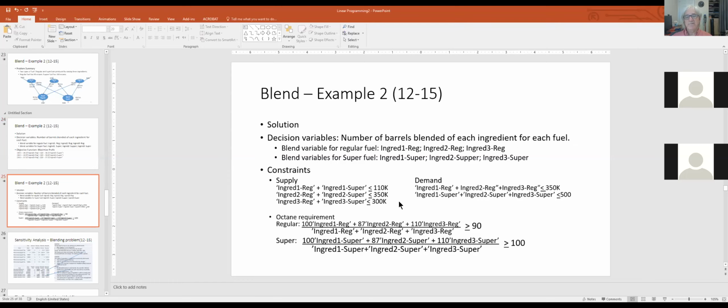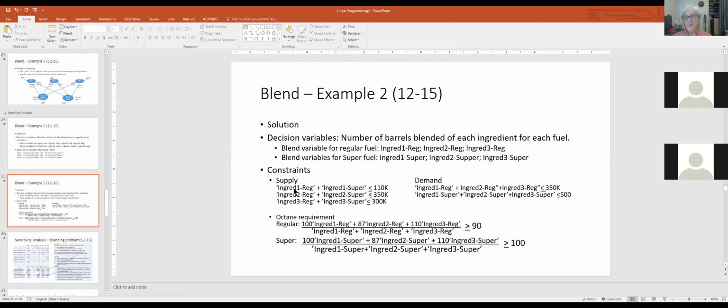And then we have supply constraints and we have demand constraints. On the supply side, you cannot exceed the available amount of 110,000 barrels of ingredient 1.